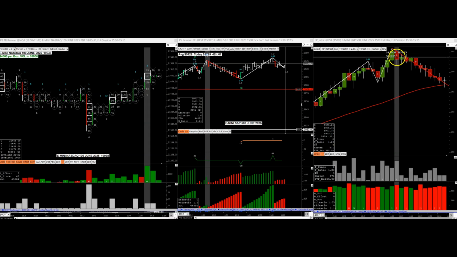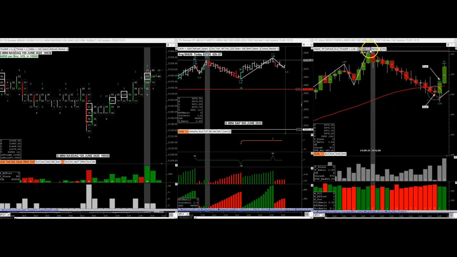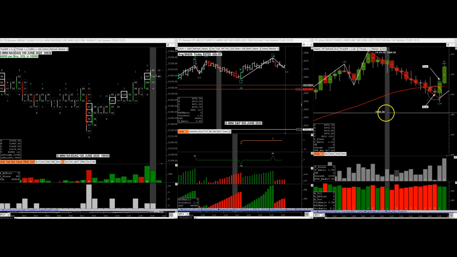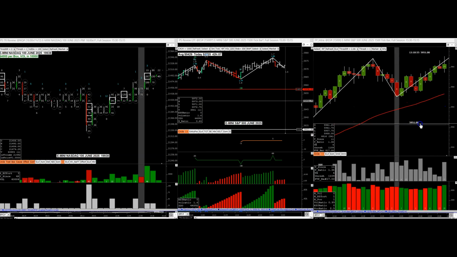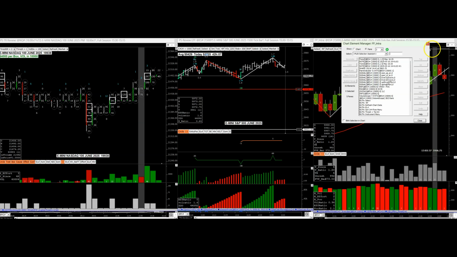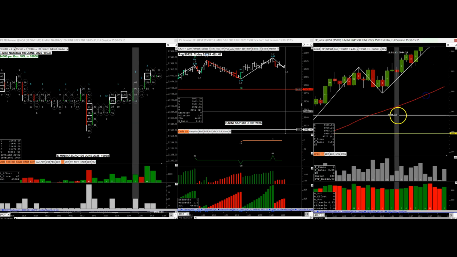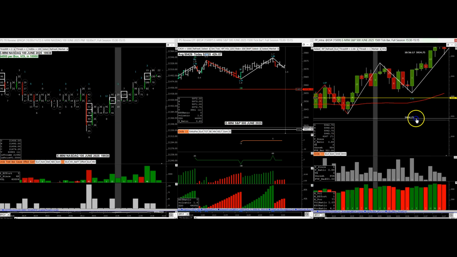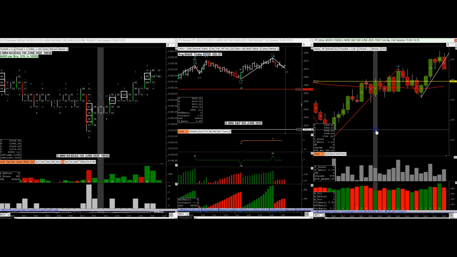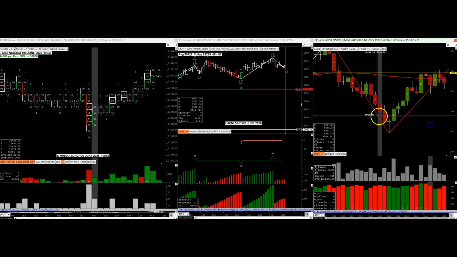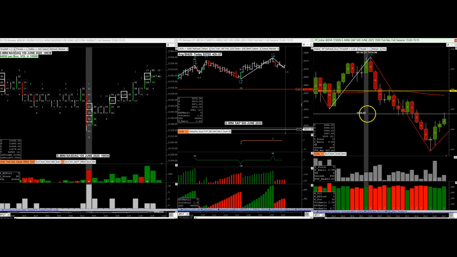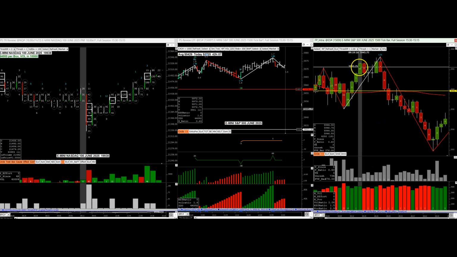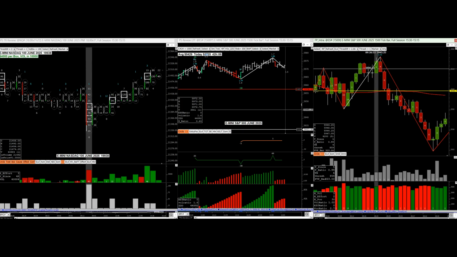Even above here, this was supply entering right up there, which caused the down move, right? Like even here, this is supply entering.